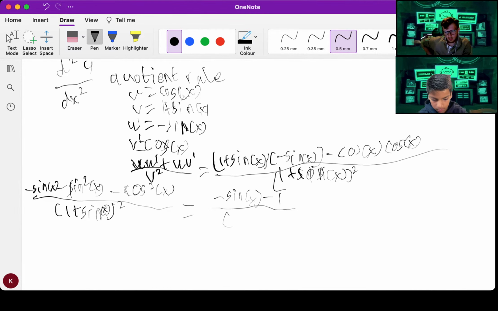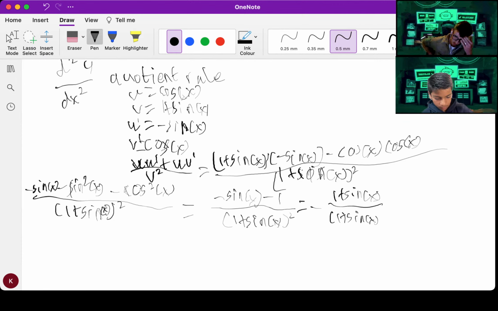But it's good, 1 plus sine of x squared, and then that is just one negative, that is minus 1 plus sine x over 1 plus sine x squared. Good spot, yeah, well done.